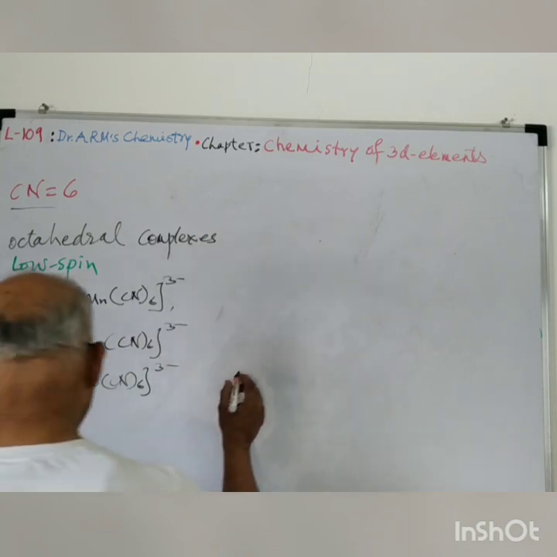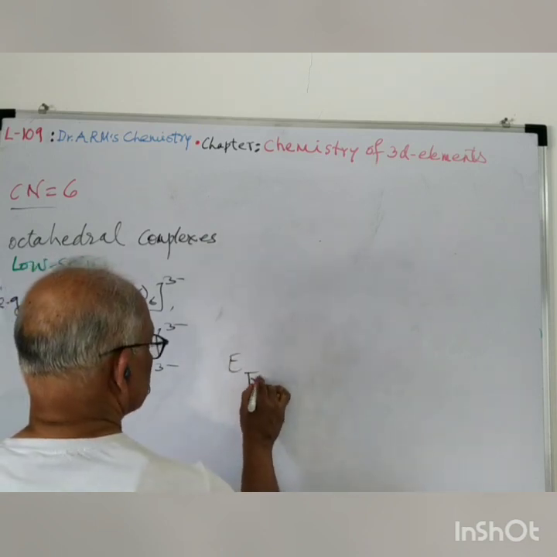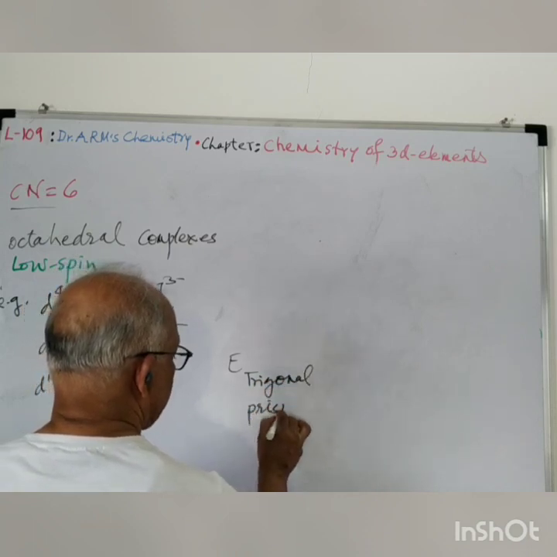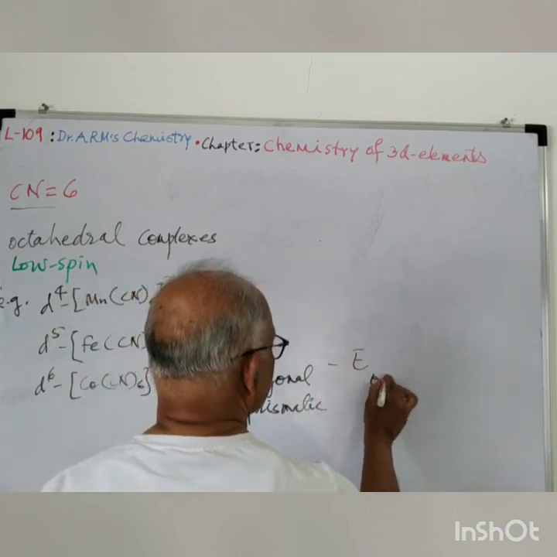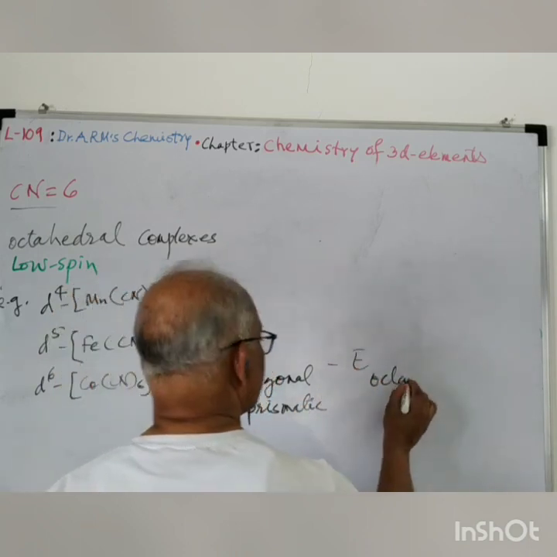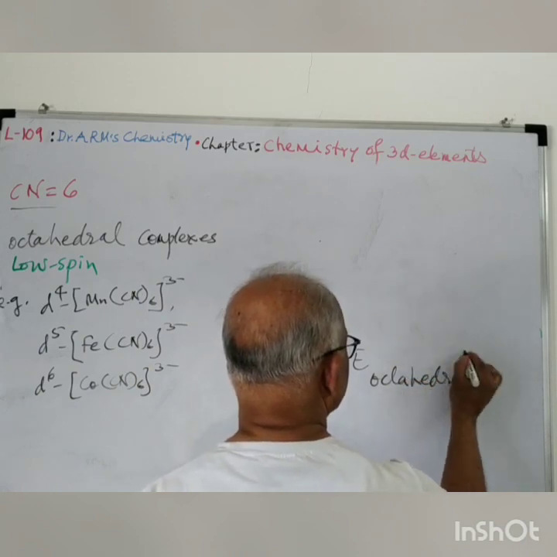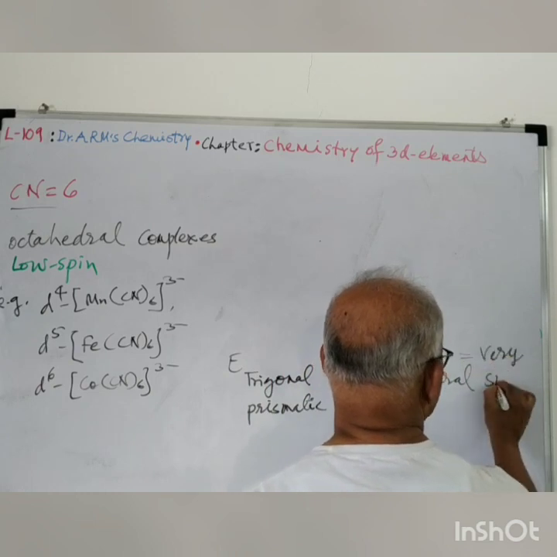So if we observe the energy of the trigonal prismatic structures minus the energy of octahedral structures, the difference is very small.